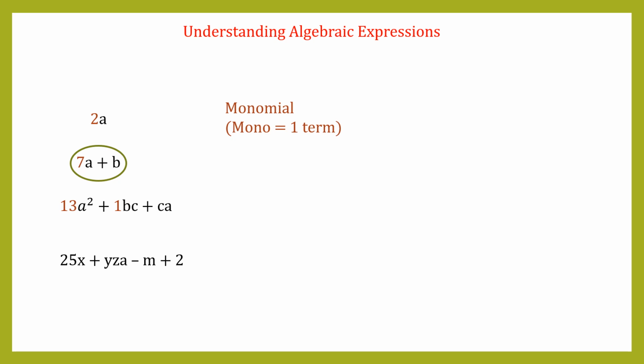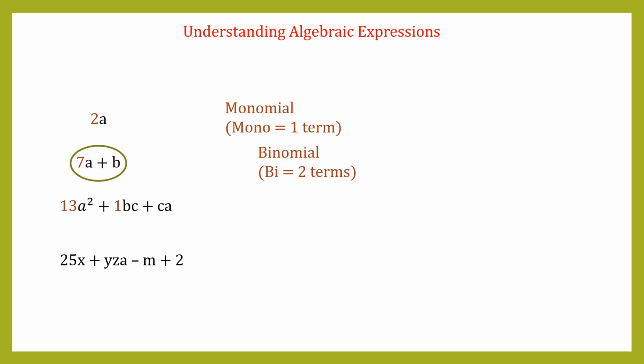Now dear children, you can see 7a is one term and b is another term. In between we have plus sign. So here we can see there are two terms. 7a is first term plus b is second term. Since this algebraic expression has two terms, it's called as a binomial, where bi is equals to two terms.